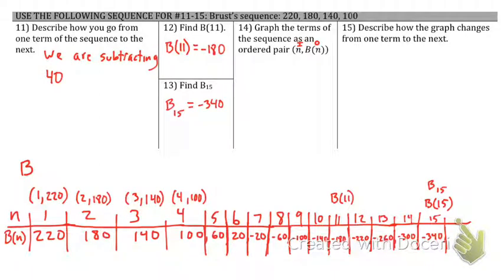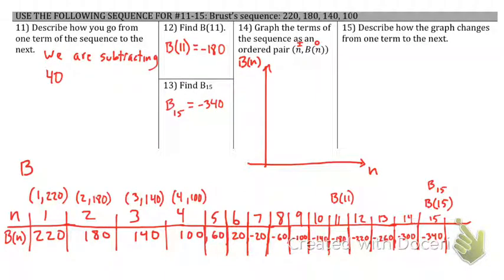So let's draw a graph. Let's make it a little bit better. Okay, so on the bottom is going to be our input. In this case, our input is the value of n, so it's no longer x. We're using the variable n as our input. And our y-axis is our output, which is b of n.